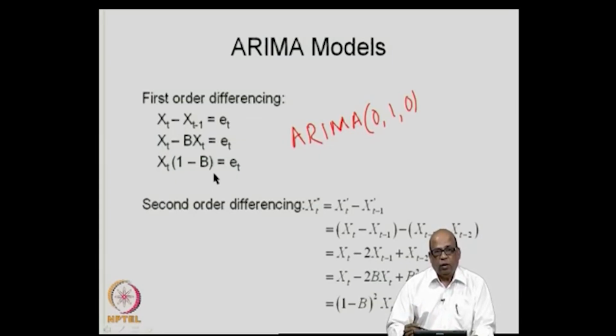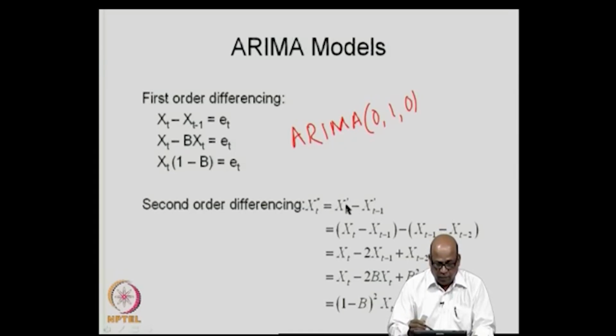Let us see how the second order differencing looks. I am not writing any ARIMA model here, I am simply looking at the second order differencing. I want to express this using the operator B. So, x double dash t, which is the second order differencing, is equal to x dash t minus x dash t minus 1.